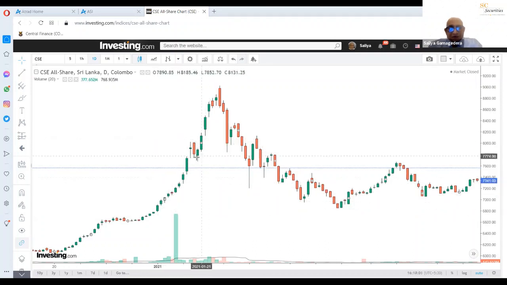And over here, you can see that there is a pause to that continuation. In this case, of course, only 2-3 days, but there is a pause. And the pause after an uptrend is known as a resistance.